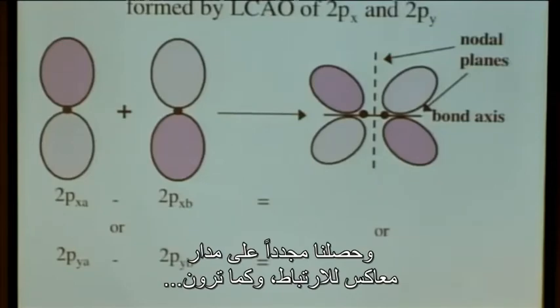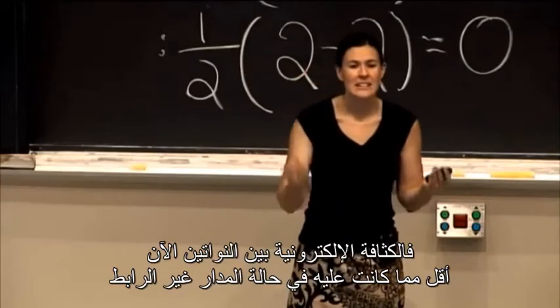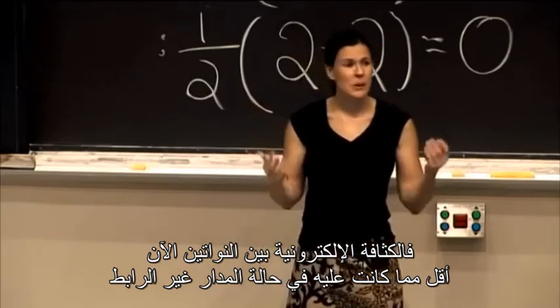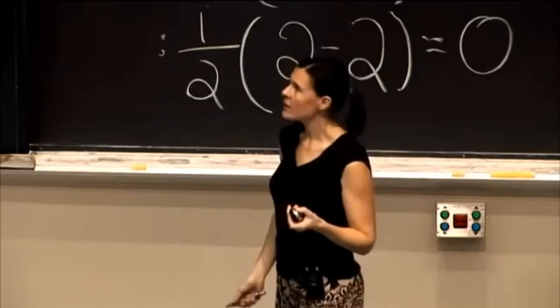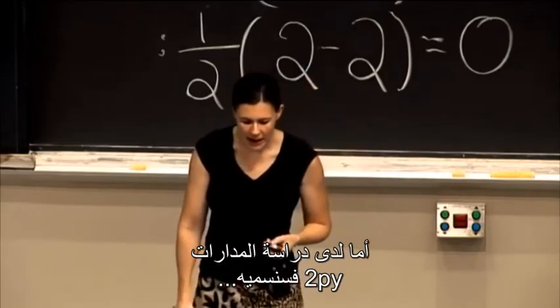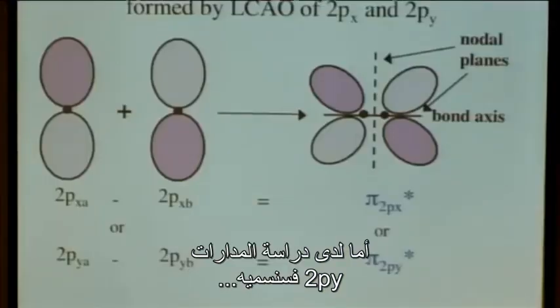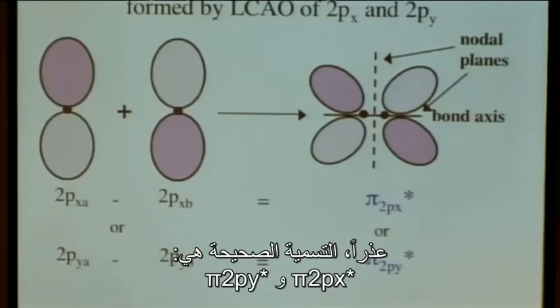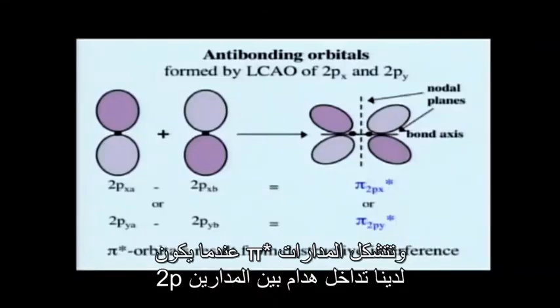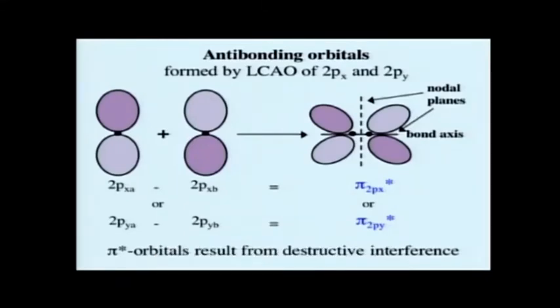So again, this is an antibonding orbital, and what you see is that there is now less electron density between the two nuclei than there was when you had non-bonding. So we're going to call this the pi 2px star, or if we're talking about the 2py orbitals, the pi 2py star. And the pi star orbitals result any time you have destructive interference from two p orbitals that are either the px or the py.